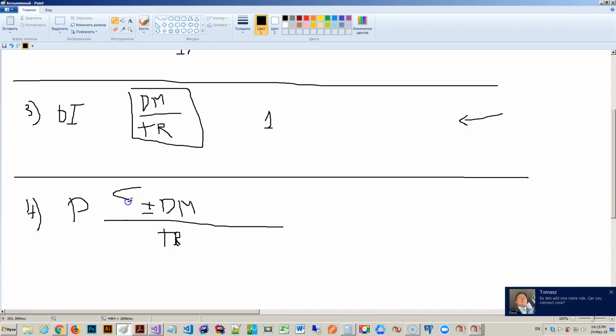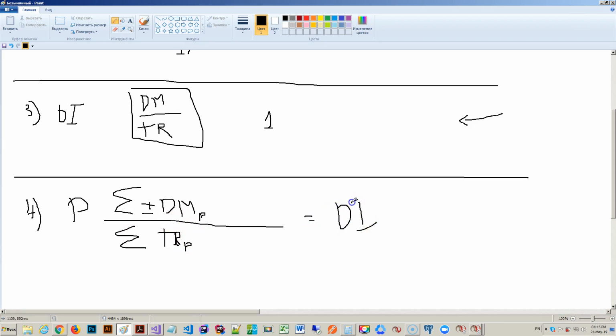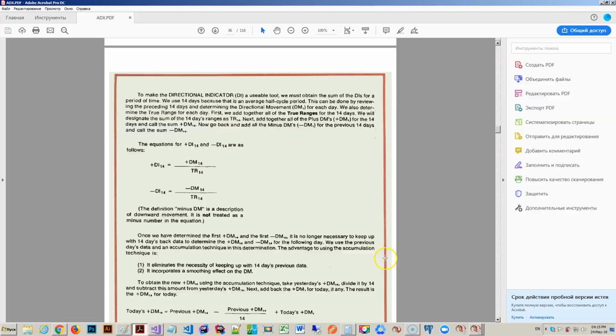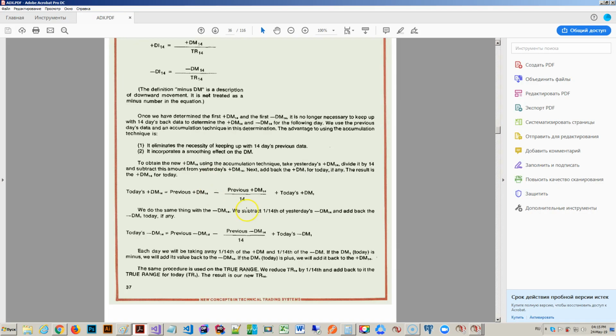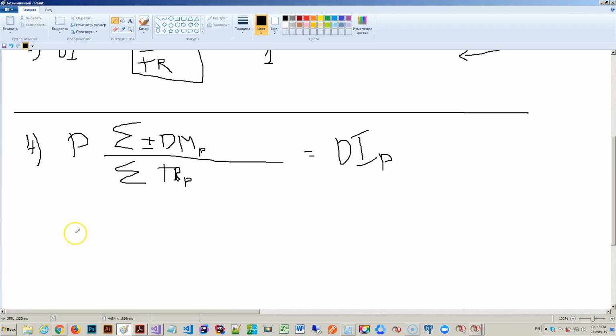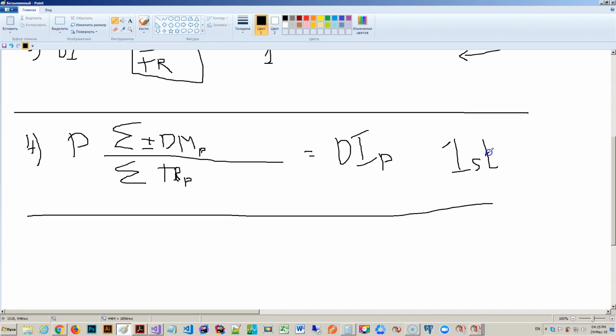So you sum up DM over the period and TR over the period, and divide one by the other, and this way you get the DI of the period. This is for the first value. So let's say your period is 14, then on the 15th bar you'll have this first value, and you have to sum them up.